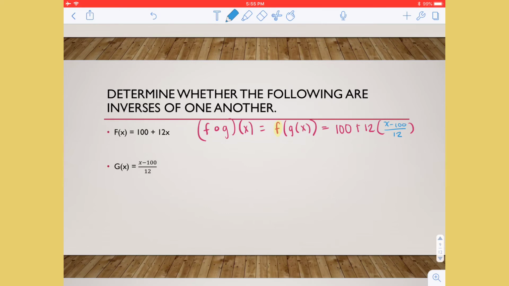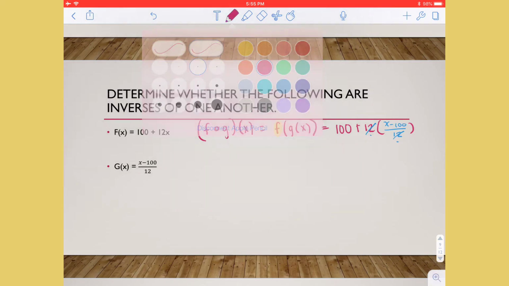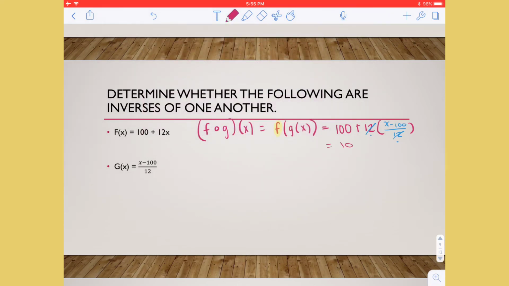But because I know a 12 here and a 12 on the bottom, those cancel each other out, so that I am left with 100 plus x minus 100. And the 100s end up canceling out, and I'm left with just x. So that's great. That's what I want to end up with. So f composite g of x worked. It got me what I was looking for.